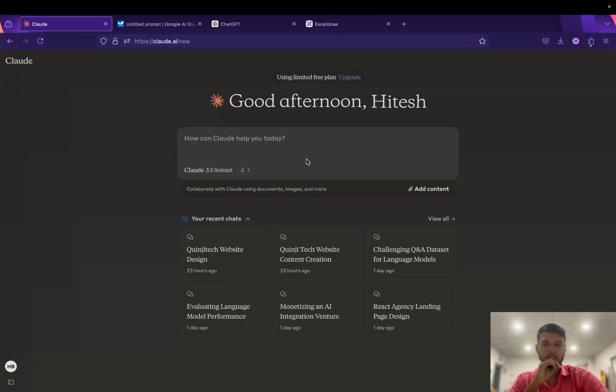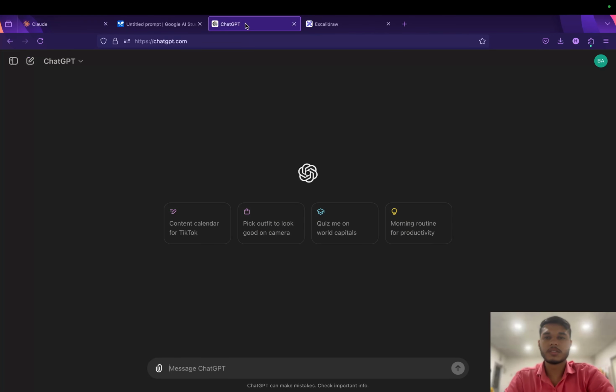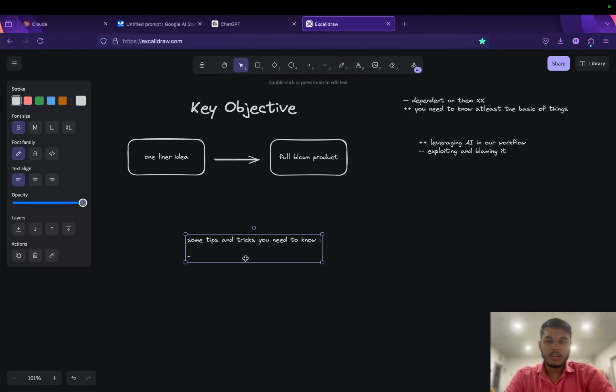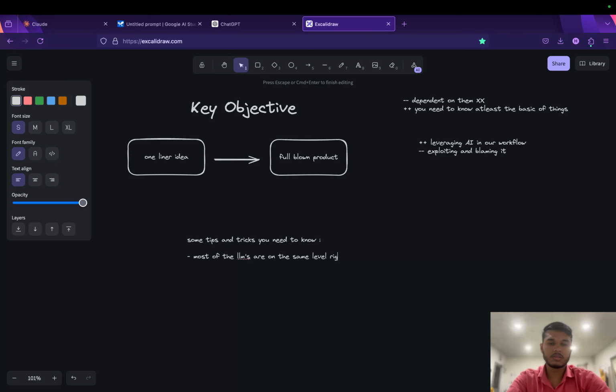And here it is, Claude. Claude is the best LLM right now. If you want to ideate, you need to use Claude. So the first trick comes here. Most of the LLMs are on the same level right now, be it Gemini, be it Claude, and be it ChatGPT.